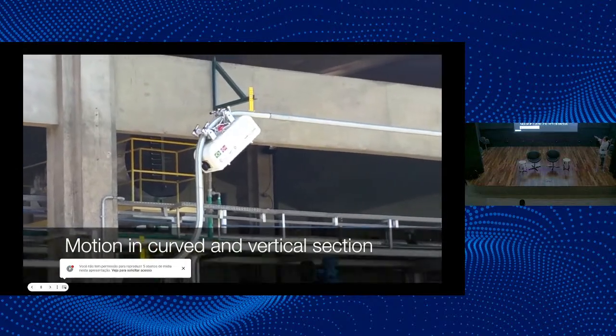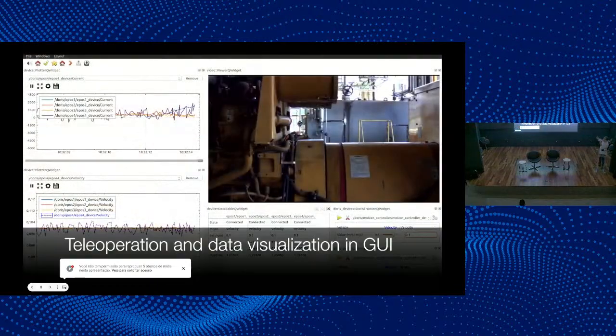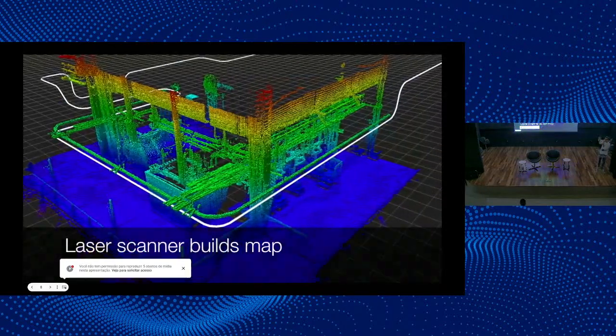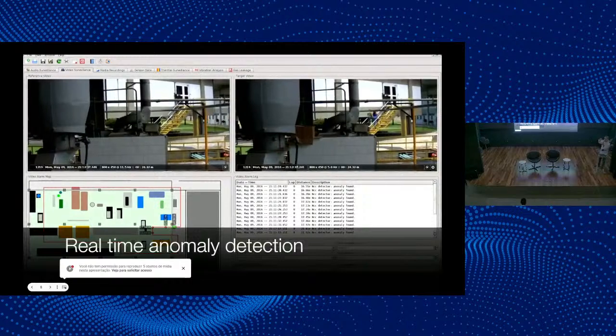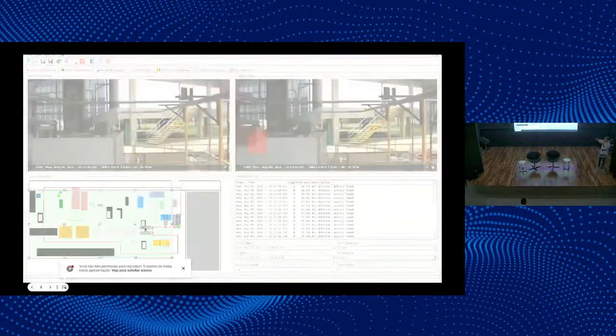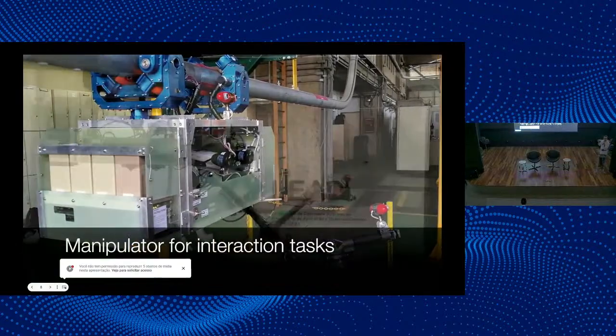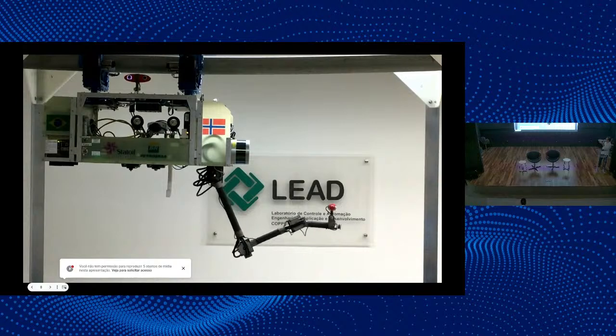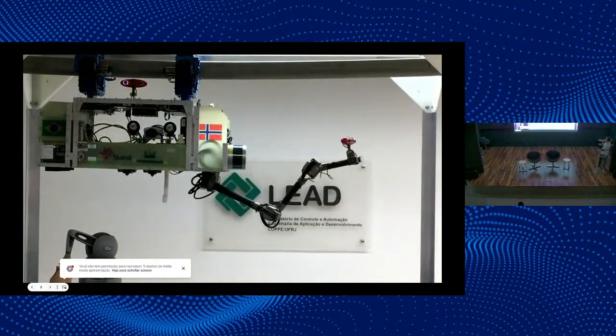The novelty here was the tracking system that is able to put the system in a vertical position to make the inspection. And the manipulator can touch something with a vibration sensor, for instance, and make the measurements that we need. A lot of sensors are carried by this mechanism.